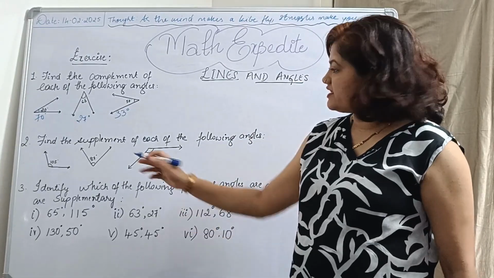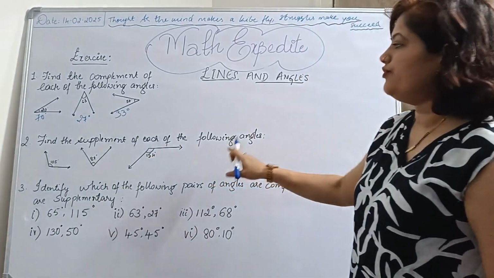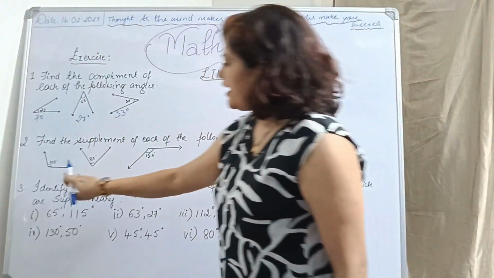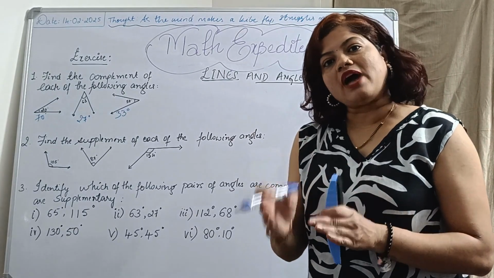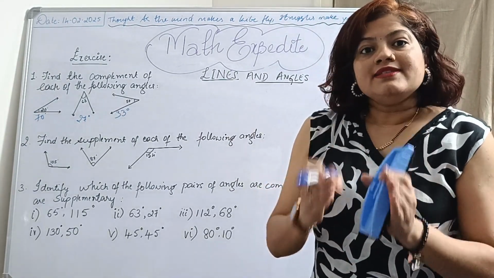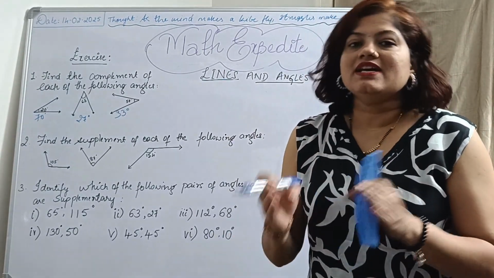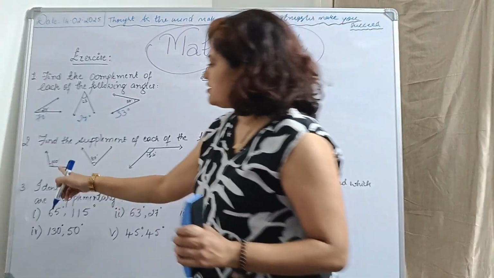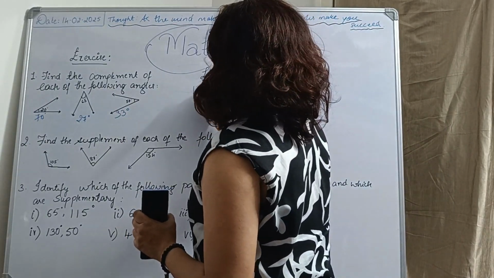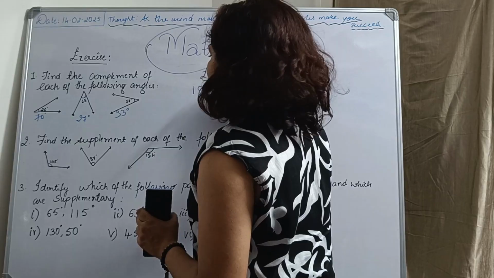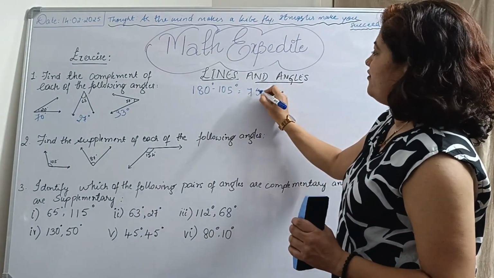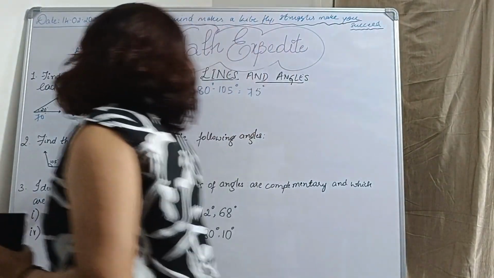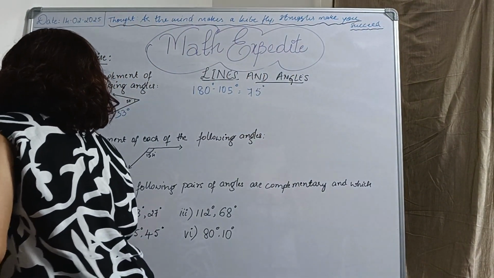Coming to the second one, find the supplement of each of the following angles. We've been given an angle, and now we have to find the supplement of this angle. We know if the sum of 2 angles is 180, then they are said to be supplementary angles. So here it is 105, let us see. 180 minus 105, we get 75 degrees. So the supplement angle is 75 degrees.